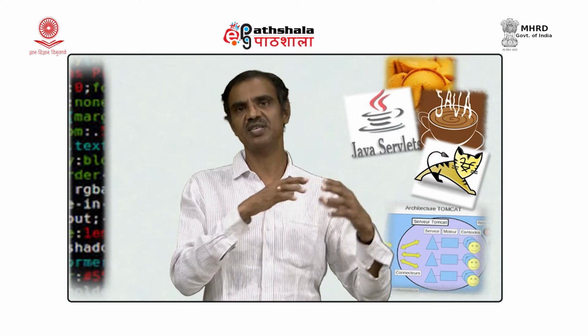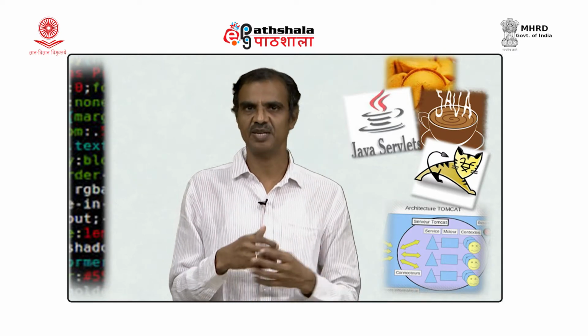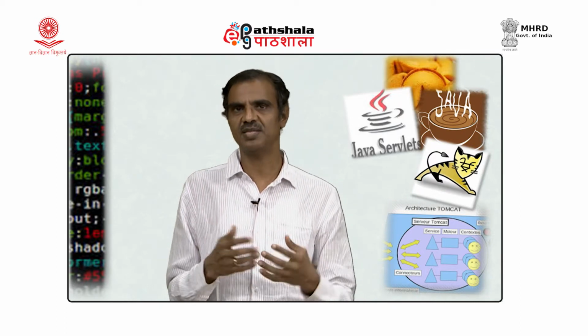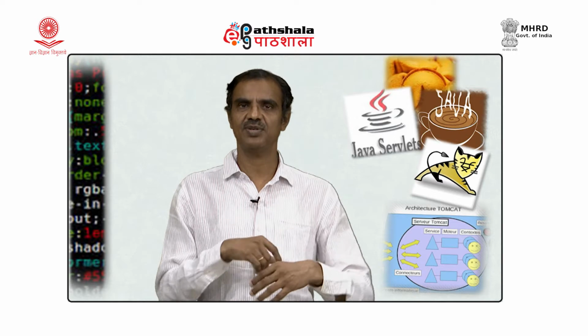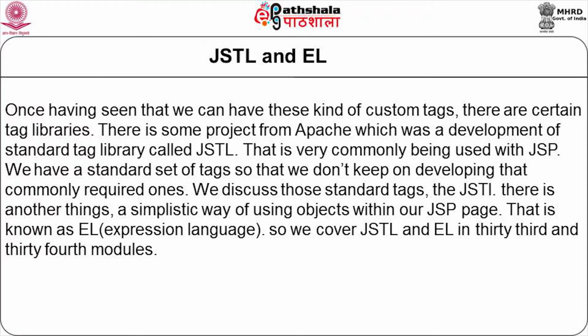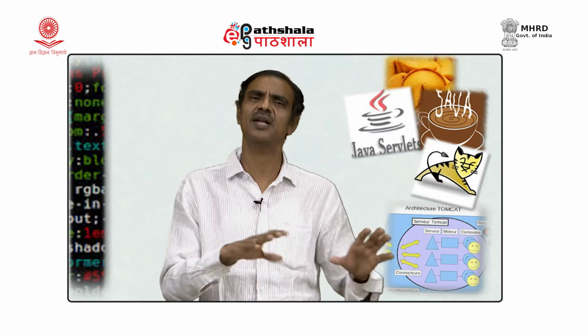And having seen that any kind of tags can be developed, custom tags, there are also certain tag libraries. There was a project from Apache which developed a standard tag library, the so-called JSTL, which is very commonly used with JSP. It is all about tags only: a standard set of tags, so that you do not keep on developing very common requirements.